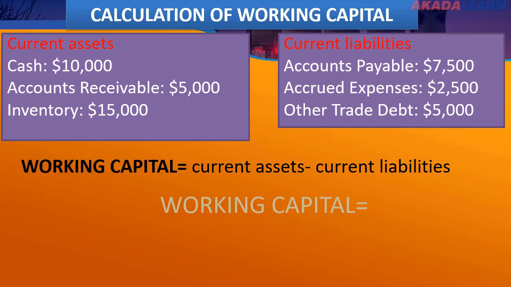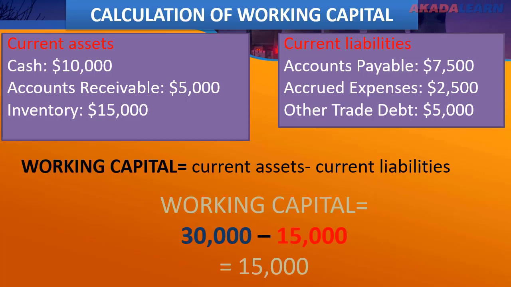So working capital equal to $30,000, which is the current asset, minus $15,000, which is the current liabilities, equal to $15,000. Now, since company ABC's current assets exceeds our current liabilities, our working capital is positive.